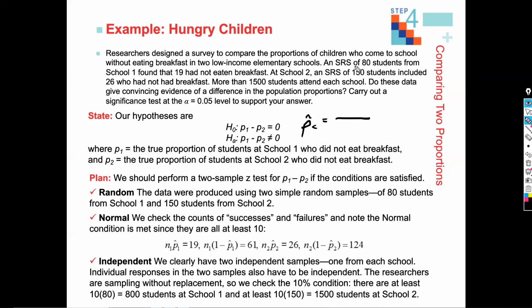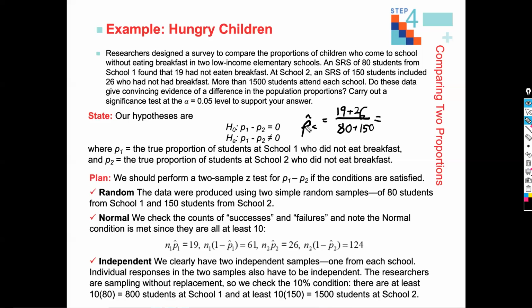And so if that's the case, instead of thinking about it as two separate samples of 80 and 150, let's combine these together and say that our total sample size is 80 plus 150. And then if we're combining them as a total, here's the number of people that had not eaten breakfast. That's going to be 19 and 26.